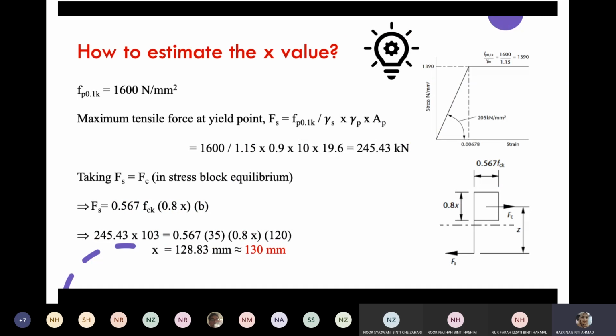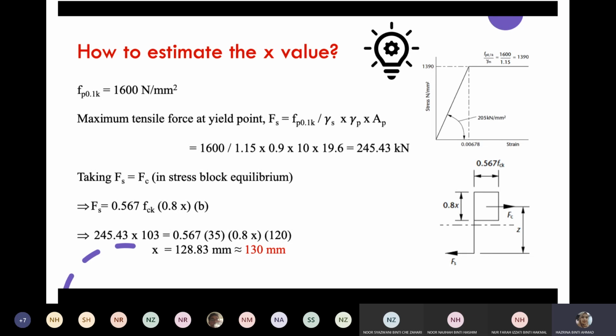If we go back to the question, we are given the proof stress of 1600 Newton per millimeter square. So what we can do here is calculate the maximum tensile force at yield point, which is Fs.